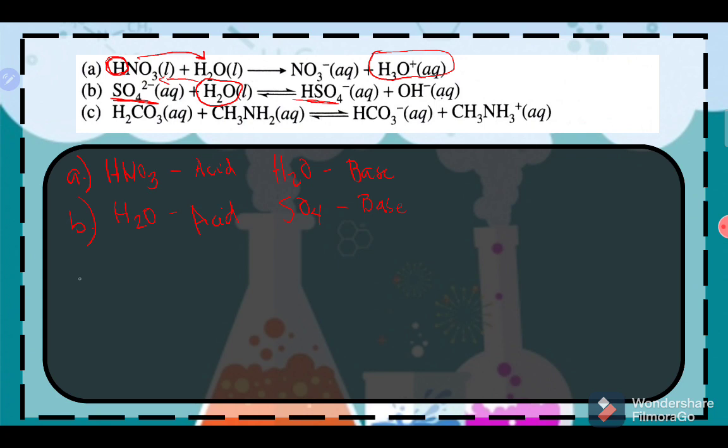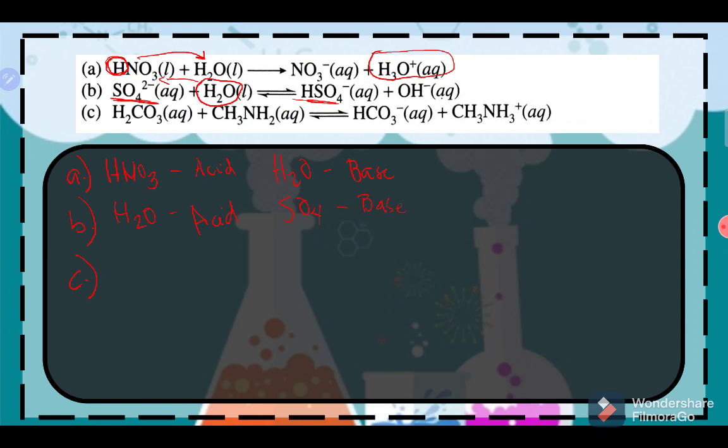Okay? So letter C, H2CO3 combines with CH3NH2 to produce HCO3- and CH3NH3+. Based on this reaction, which of the reactants is considered to be an acid?